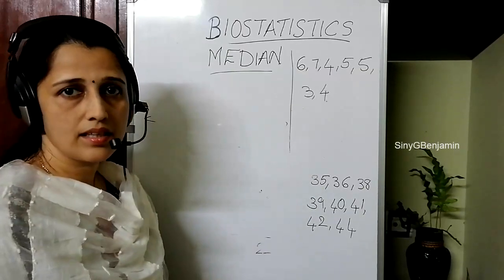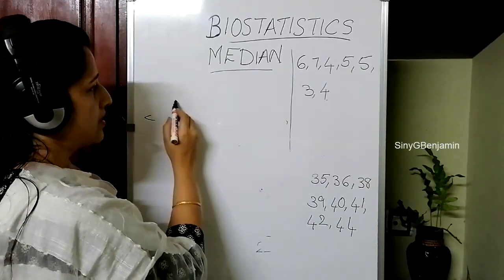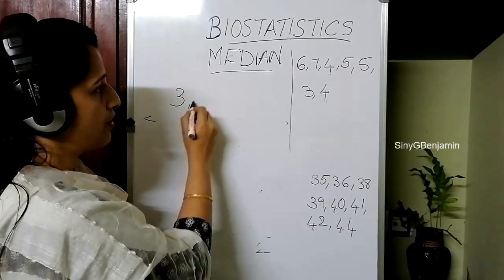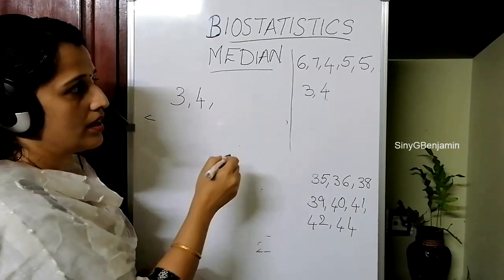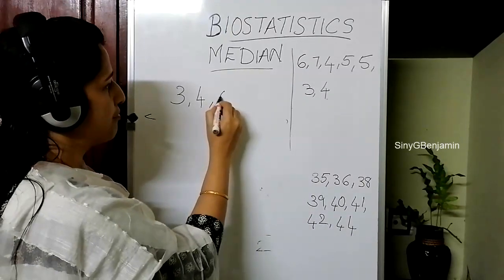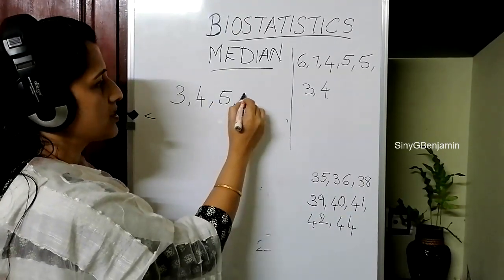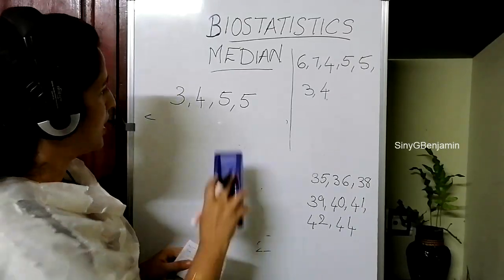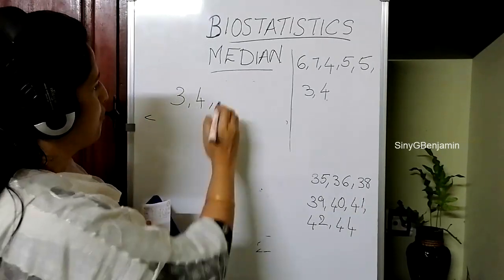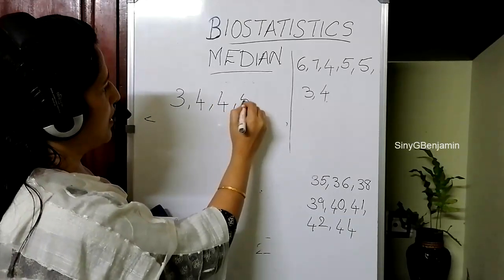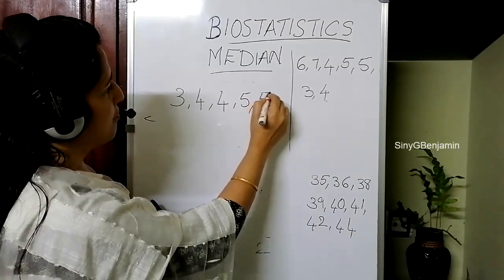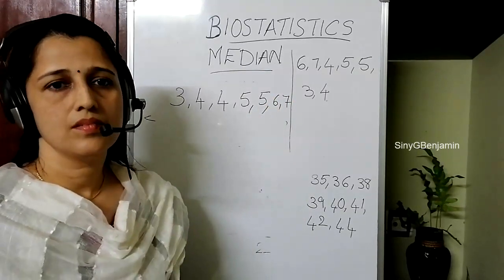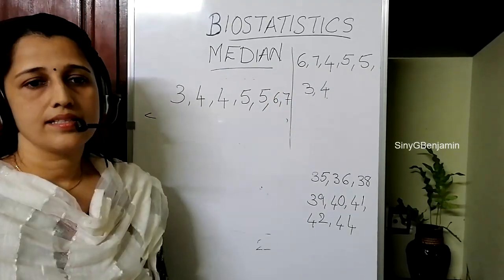Arranging in ascending order: the lowest value is 3, then 4, 4, 5, 5, 6 and 7. This is arranged in an ascending order.